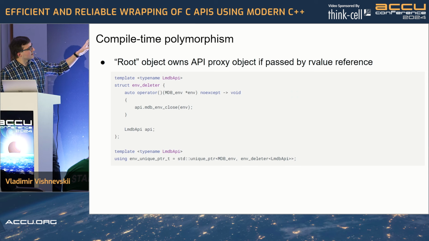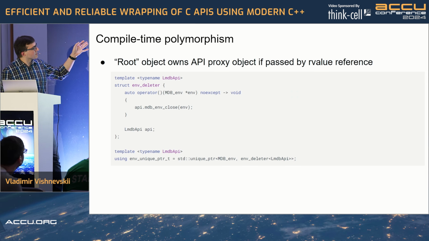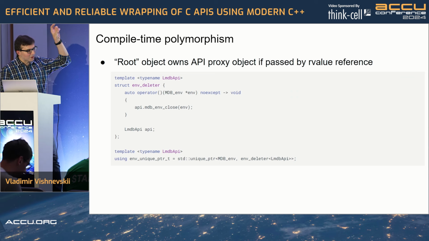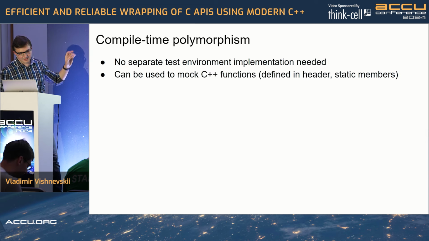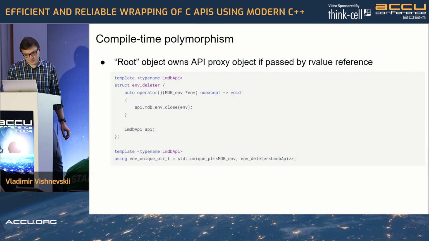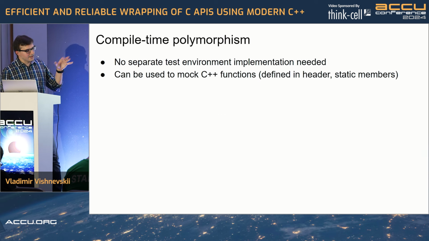In our case of LMDB, it's also important to take care of the lifetime of this proxy, and probably it will be owned by some root in our logical hierarchy, most likely somewhere in the deleter of the environment object. So this will not require any separate test environment. Everything works in the same way as we typically do for compile time dependency injection.